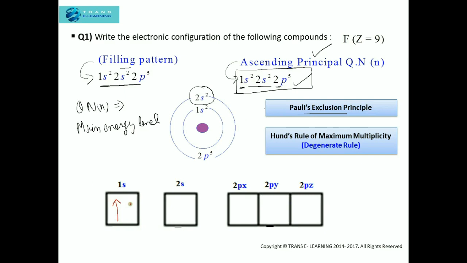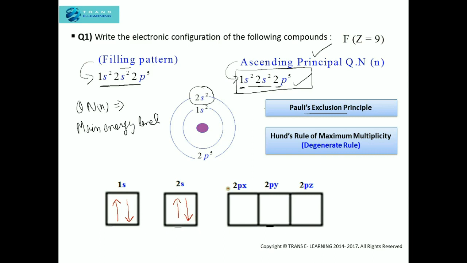As per Pauli's exclusion principle, an orbital can have a maximum of 2 electrons only if their spins are opposite. So we cannot place electrons with the same spin. They need to have opposite spin. So here we have filled the s orbital. Same goes for the 2s orbital, 2 electrons with opposite spin.